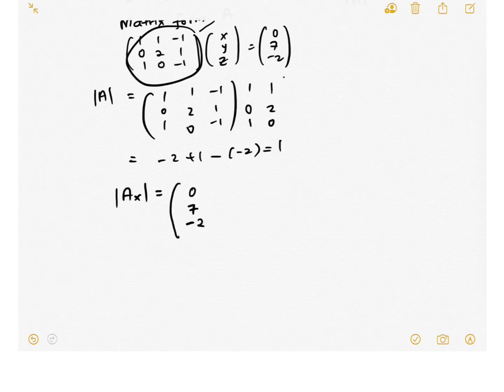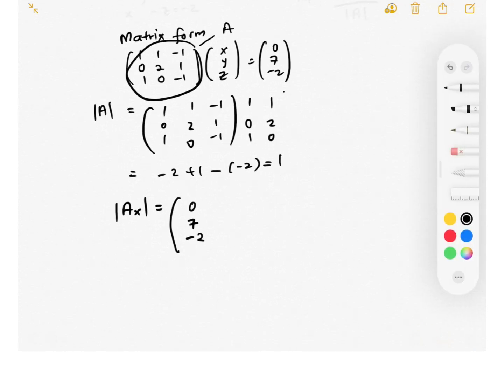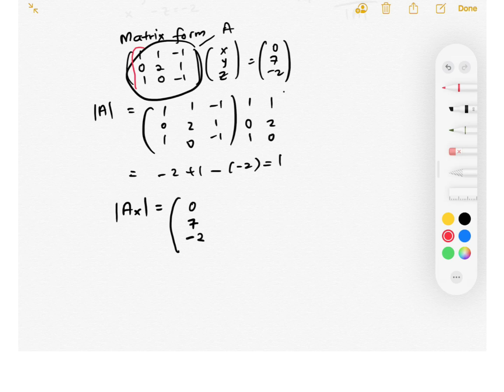Okay, now let's find the determinant of Ax. What happens here is, the first column is associated with the variable x, the second column with variable y, and the third column with variable z.